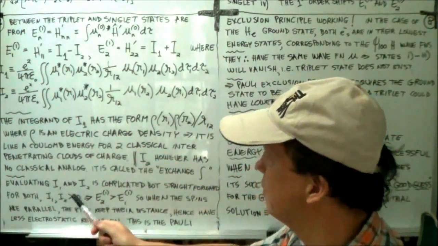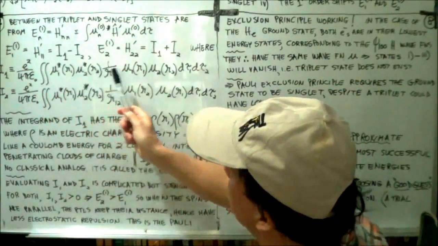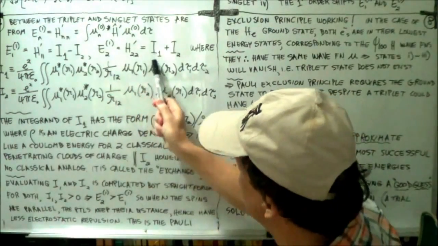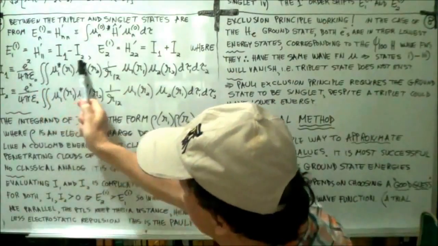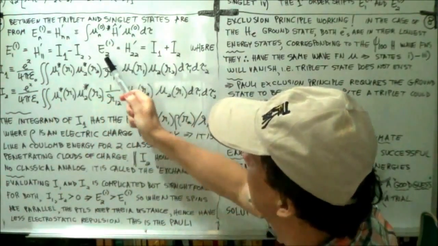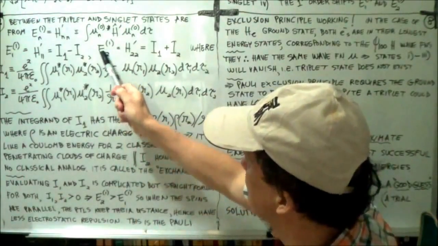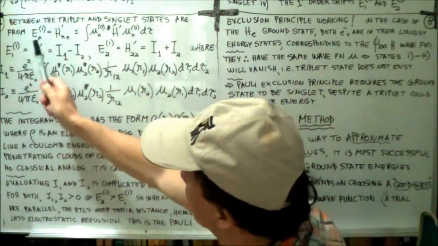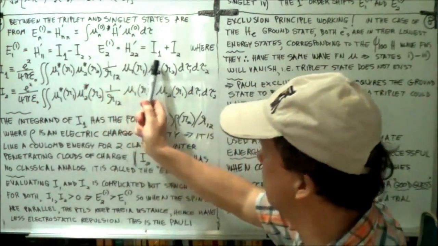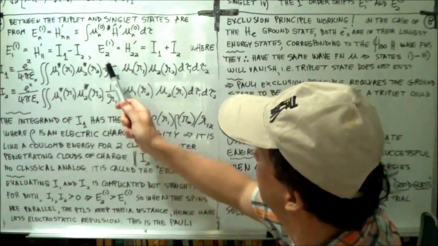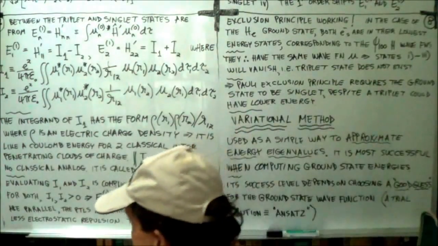Okay, they're both positive numbers, and given this formula and this formula, if I1 and I2 are both positive, you can just see immediately from this formula and this formula that E2, first order correction, must be larger than E1, because here you're subtracting something positive, and here you're adding something positive. So just obvious that this one here must be larger than that one.